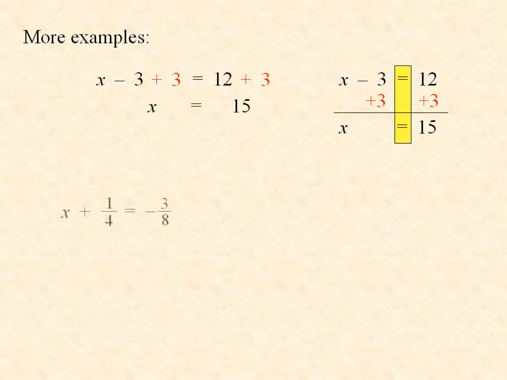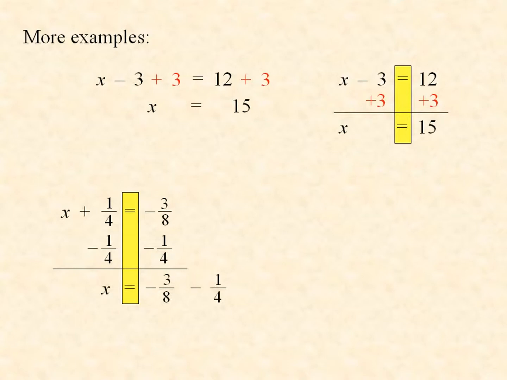Here's another one. x plus 1/4 is negative 3/8. We identify the two sides of the equation. We want to get rid of the 1/4 on the left, so we add negative 1/4 to both sides. The left side is then x. The right side takes some work.